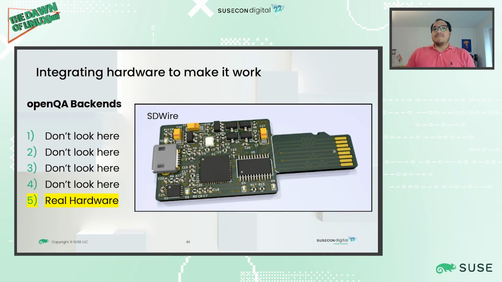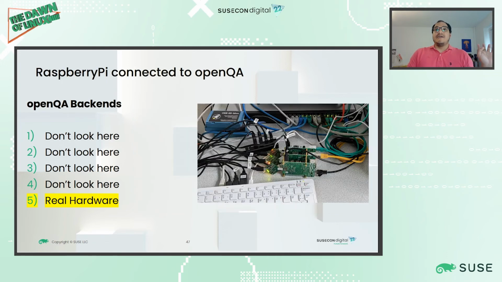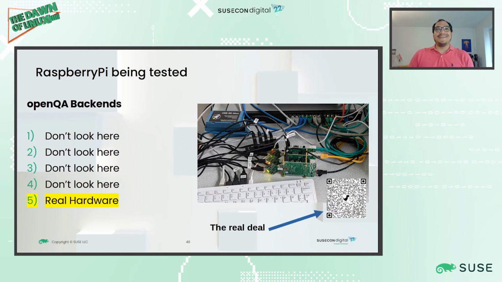We are using a small gadget called SD Wire, and we connected all that into one switch, and we put a keyboard on it, and it's working. You can see the real thing. This is what we are using at SUSE and openSUSE to do testing on real hardware. openQA also supports IPMI, but let's not get there.